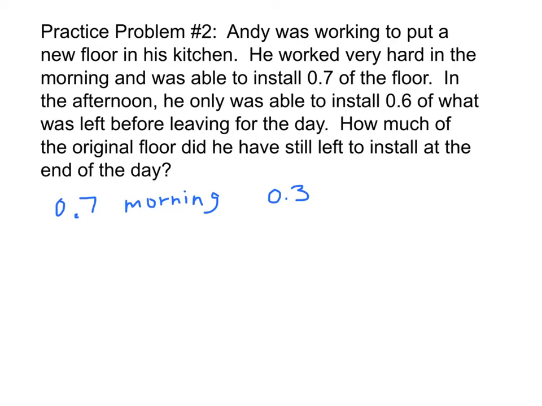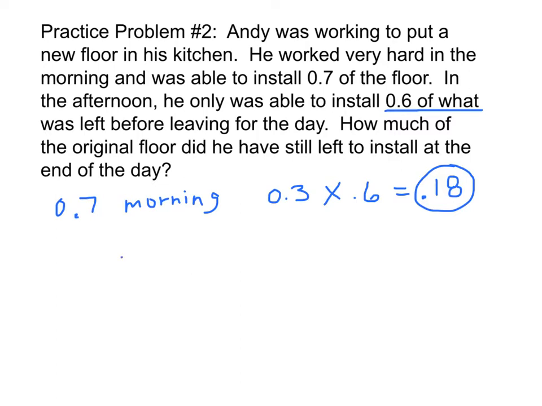But he only installed 6/10 of what was left. So I need to find out what is 6/10 of 0.3. So I'm going to multiply 0.3 times 0.6, and if I do that, I get 0.18, which means that he installed 18 hundredths of the floor in the afternoon.